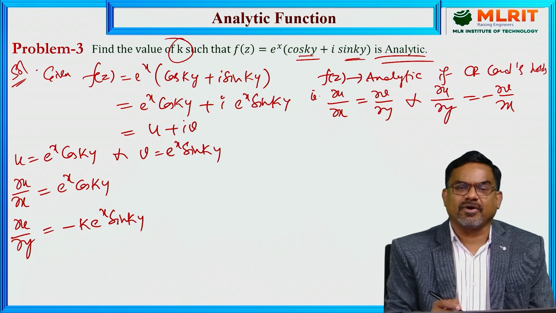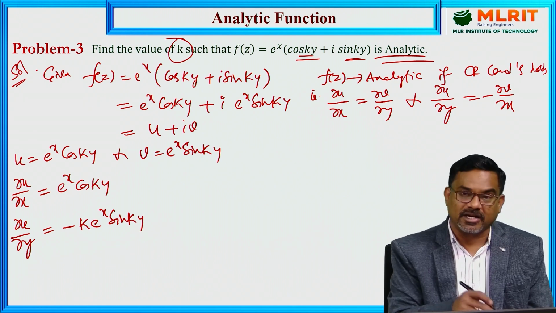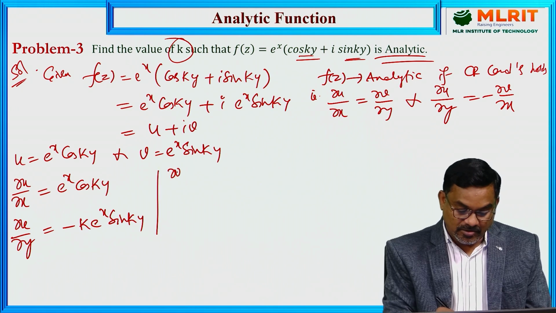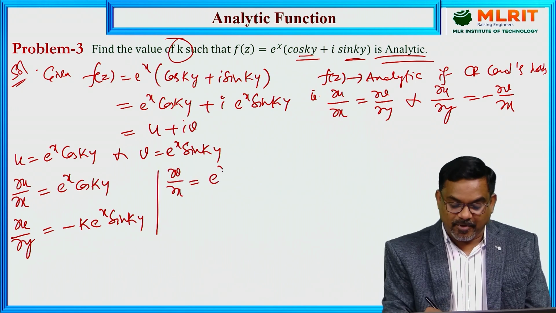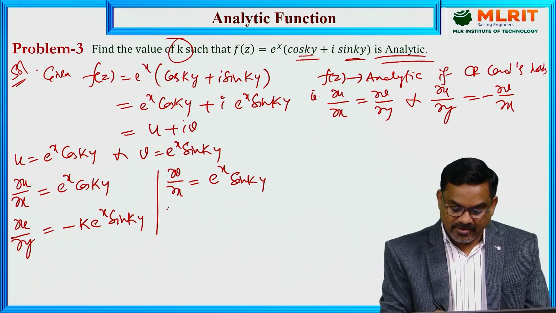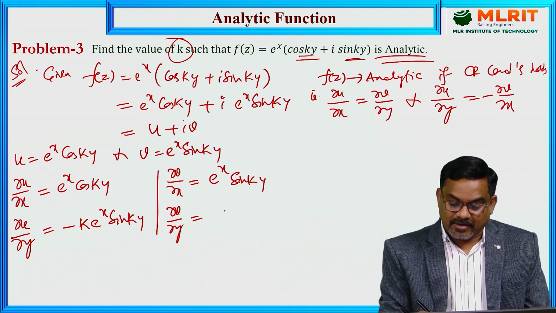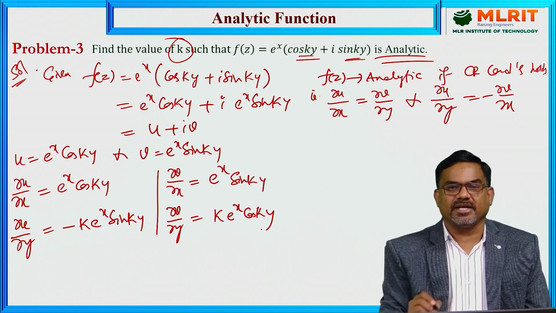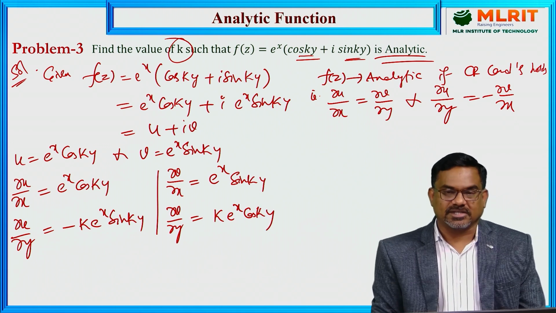The derivative of cos is minus sin, and we need to find the inner function derivative. So this k comes. Next, dou v by dou x, e power x derivative is e power x itself, sin ky is constant. Dou v by dou y is k into e power x into cos ky. The derivative of sin ky is k into cos ky.